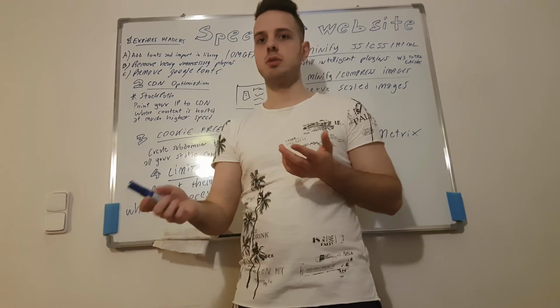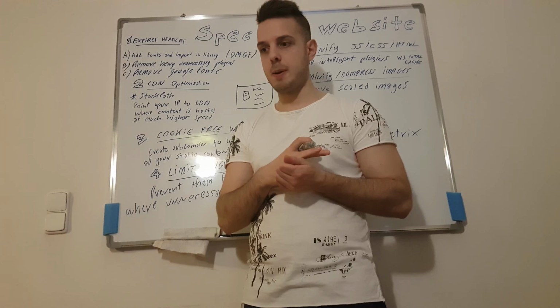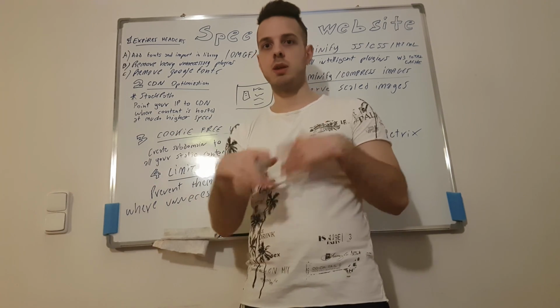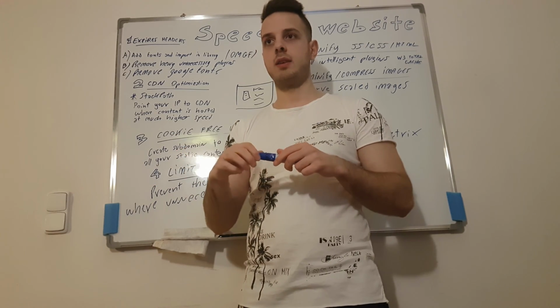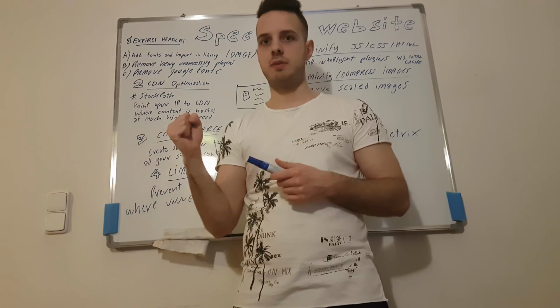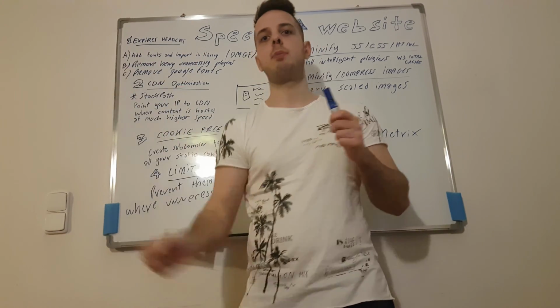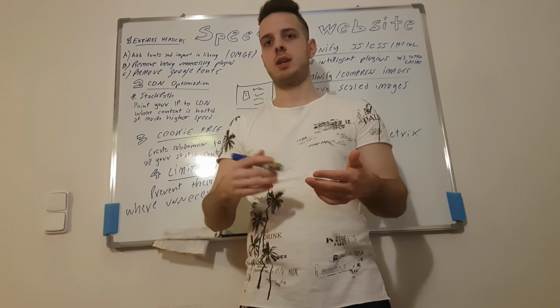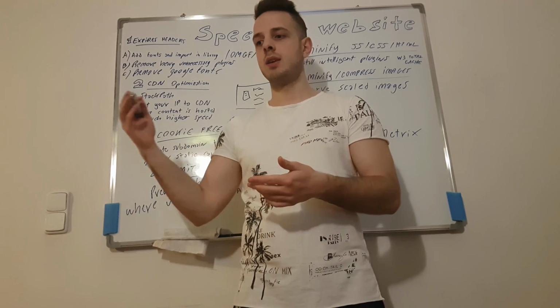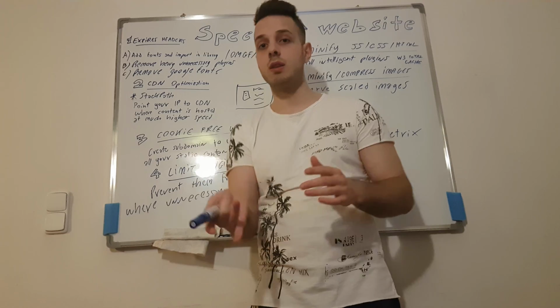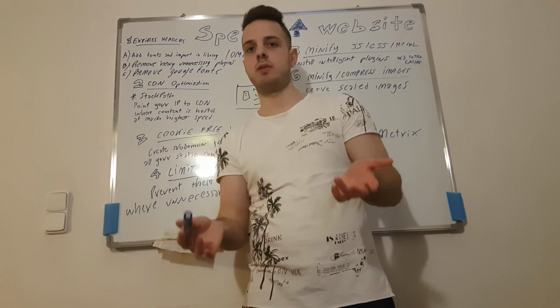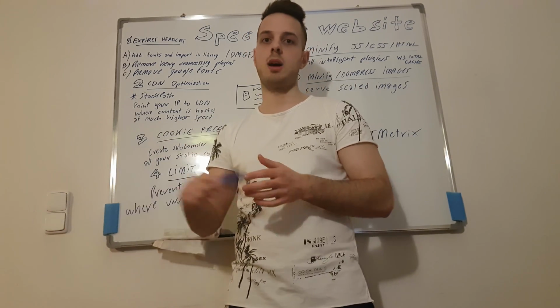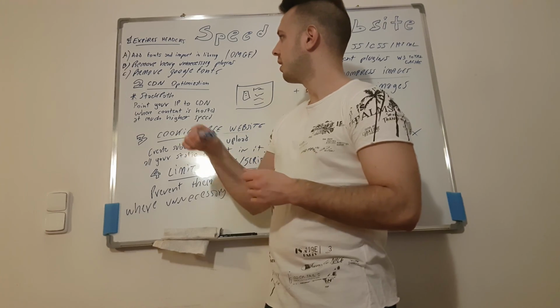Simply, this allows you to remove the Google fonts and disable them from loading, and you will download the fonts yourself from Google and upload them into your media library. So from the code you will make sure that the website loads only the fonts that you need to use and not all of them. Therefore it will speed up your website.